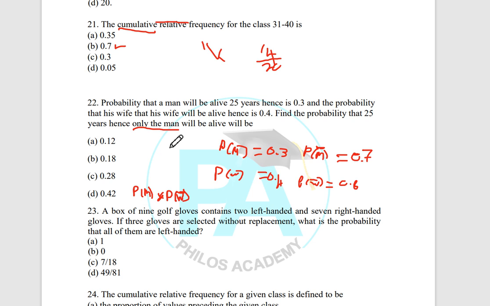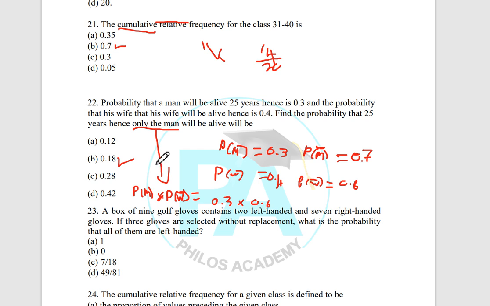That's the meaning of only the man will be alive. So to solve this, what's the probability that the man will be alive? It is 0.3, isn't it? So 0.3 times, that's the "and", what's the probability that the woman will not be alive, which was 0.6? So 0.3 times 0.6 gives you 0.18. So the correct answer for question 22 is B.